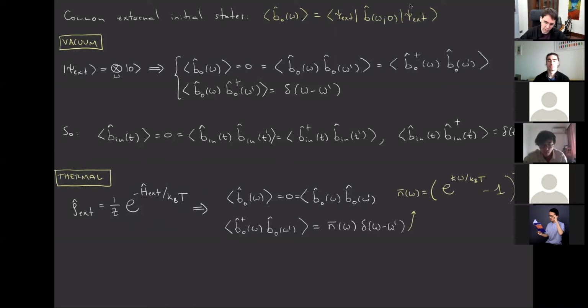So this is essentially telling you that all the phase sensitive moments are 0, but the number of photons, or the phase insensitive one, is equal to the Bose-Einstein distribution at that specific frequency that you are looking at, okay? So nothing really very surprising.